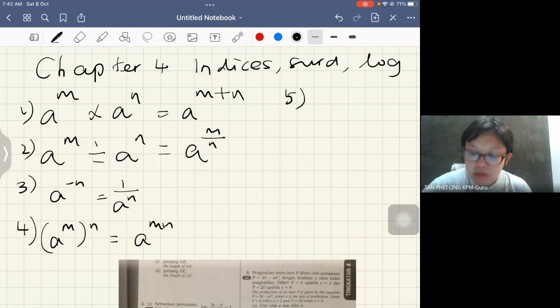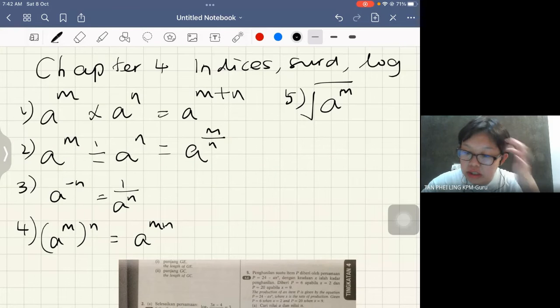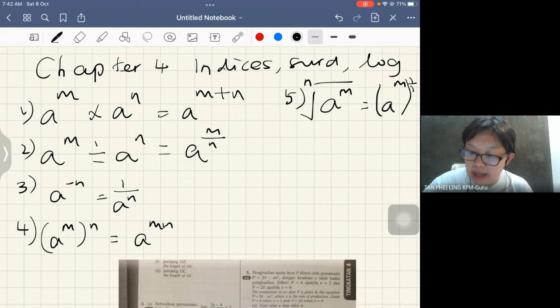So you will have, let's say, a power m, but holding a root, let's say an n root. This is the same as if you have a power m, and then the whole thing you have to times with 1 over n, making it become a power m over n.